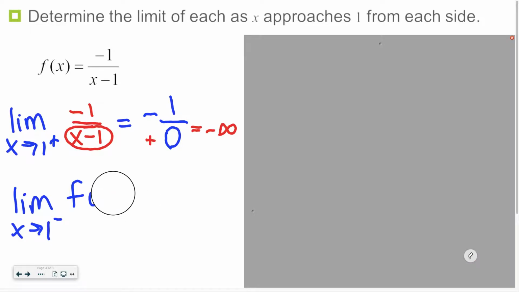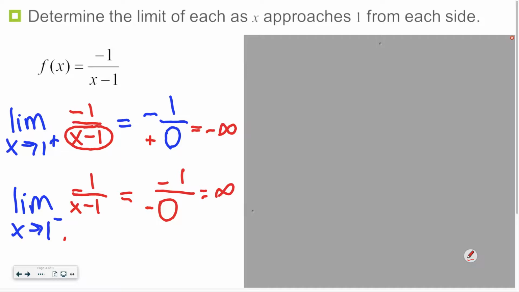Now if we go this way, from the left side, we know we're getting -1 over 0. However, as we plug in numbers to the left of 1, we know our denominator will have negative numbers. So as we approach 0, we're approaching 0 with negative numbers. Positive infinity.